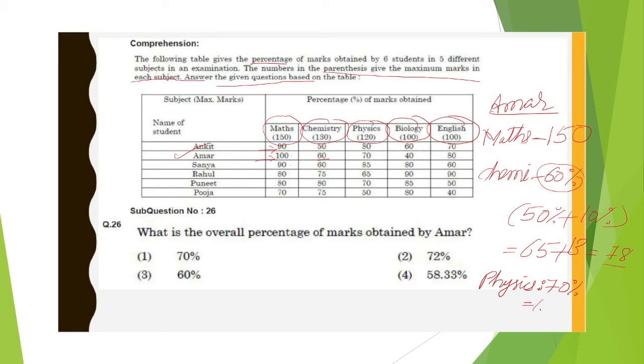We have to do it very quickly. 50 percentage plus 20 percentage. 50 percentage of 120 is 60. We know 10 percentage is 12, so 20 percentage means 24. That is 84.